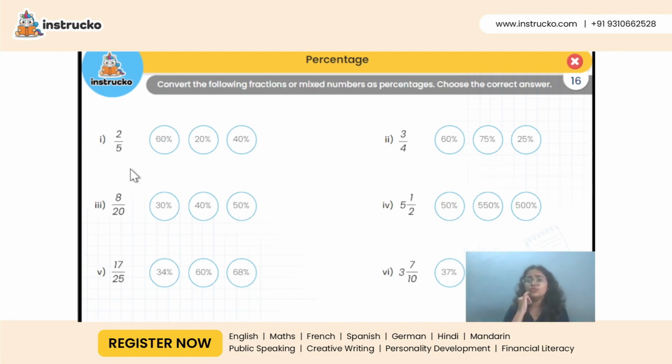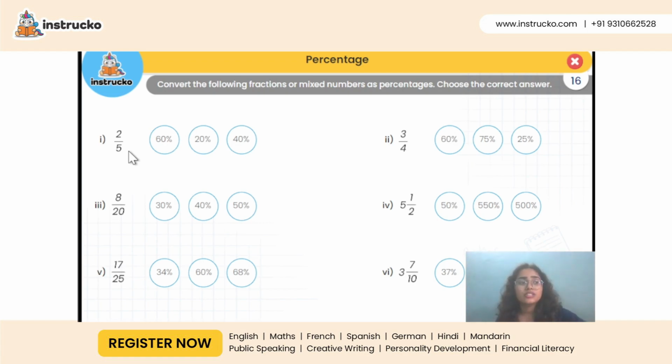Now, what were the steps that we were supposed to follow? Step number 1, convert the denominator into its equivalent 100. So what do we multiply 5 by to get 100 in the denominator? We do 20, right? Because 5 into 20 is 100.